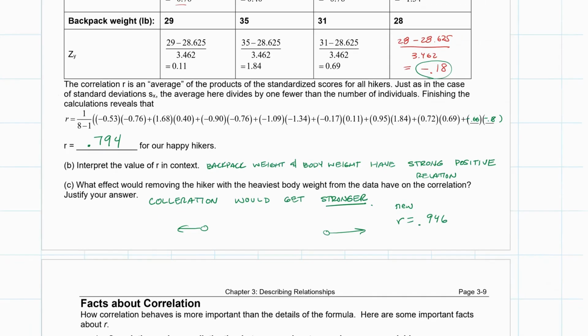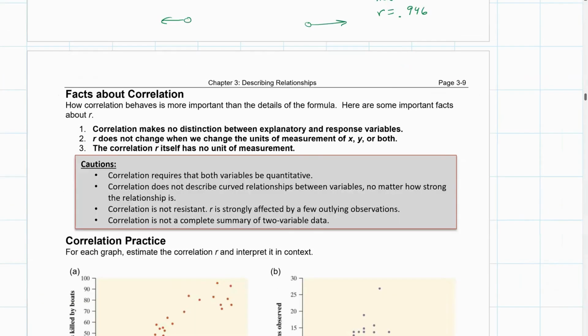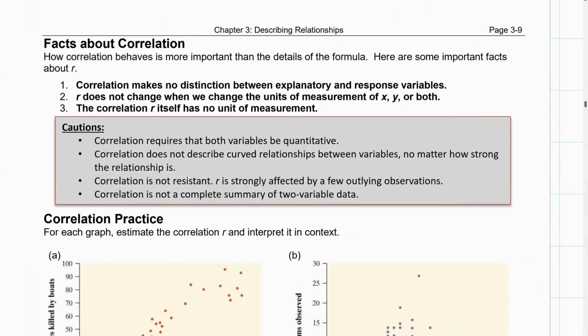All right, some facts about correlation. Correlation makes no distinction between explanatory and response variables. So no matter whether you flip them around, it gets you the same R value. Correlation does not describe the curve relationship between variables, no matter how strong the relationship is.